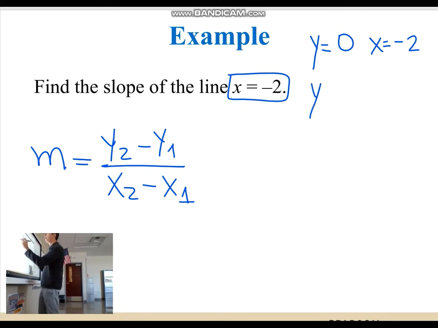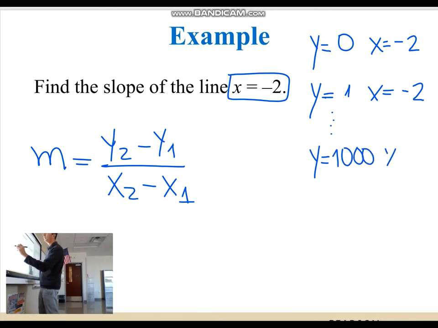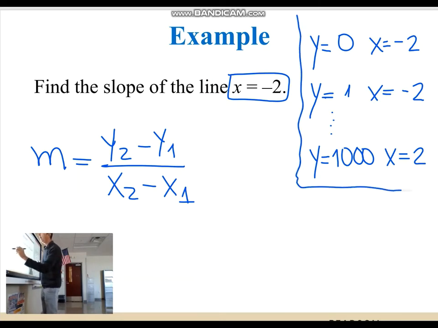If y equals 1, x equals -2. No matter the value of y, x is going to be always equal to -2, right? So keep this in mind.